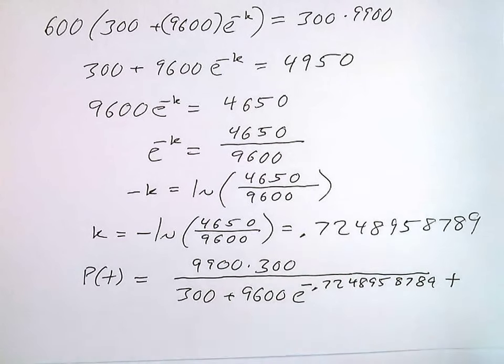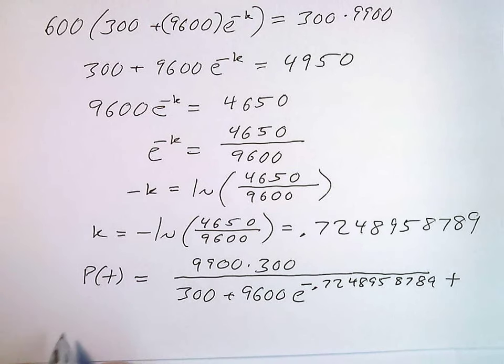So this big fraction there, I can divide numerator and denominator by 300, and get my P of t.